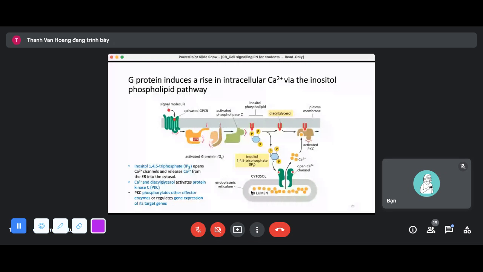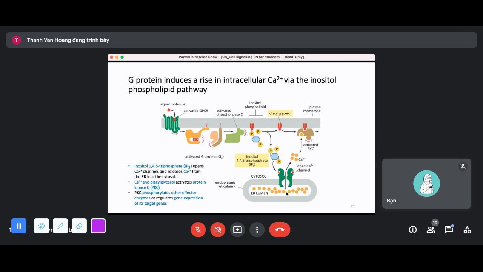So the cells keep the cytoplasmic concentration of calcium very low because calcium is a very important secondary messenger molecule. So in this figure, we have three secondary messenger molecules. Please remember, we have calcium, IP3, and diacylglycerol.